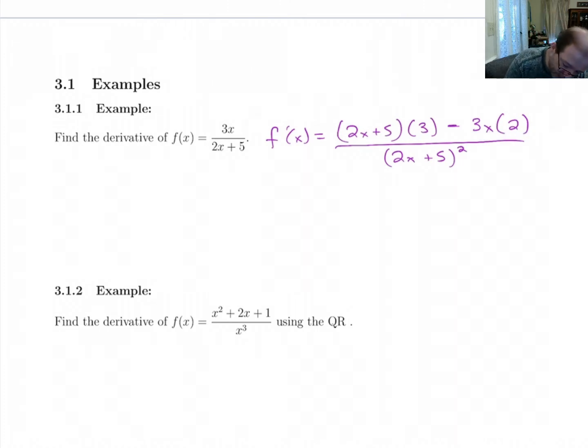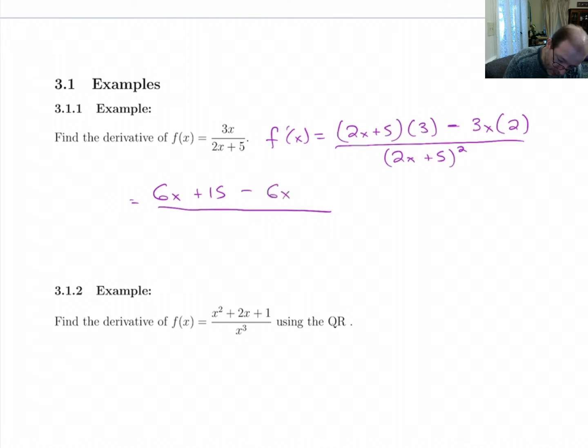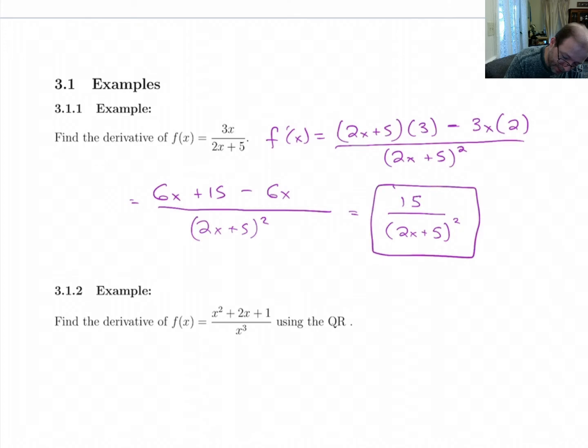So if we do that, we get 6x plus 15, and then minus 6x over 2x plus 5 squared. And so those 6x's cancel. You get 15 over 2x plus 5 squared. And that's my derivative.